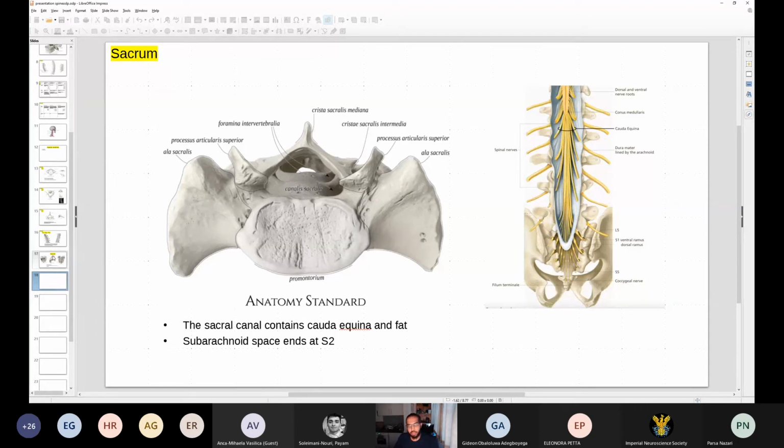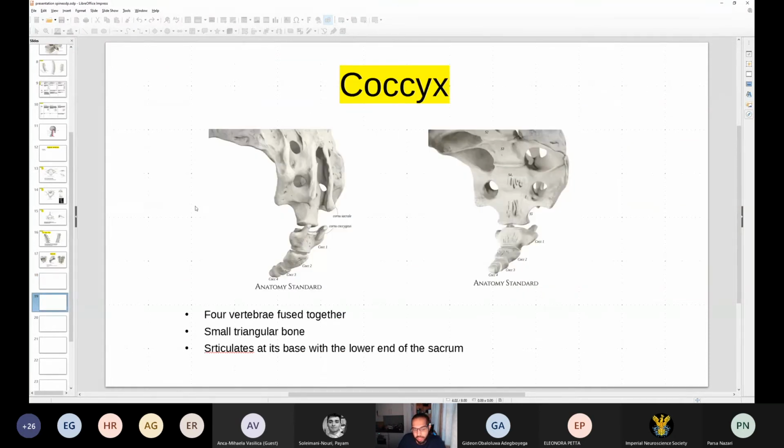So the last bony bit we'll talk about is the coccyx. These are 4 vertebrae fused together, similar to the sacrum. It's small and triangular, and it also has an apex and a base.